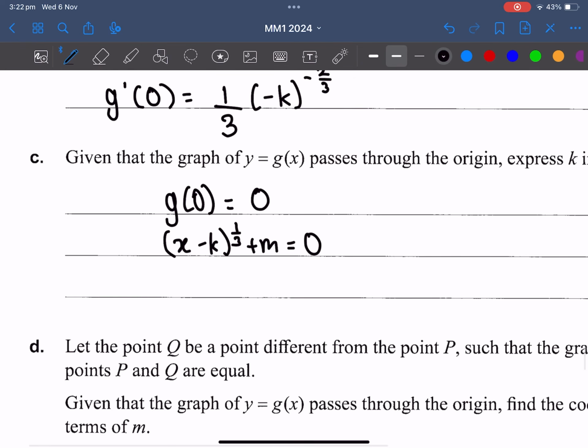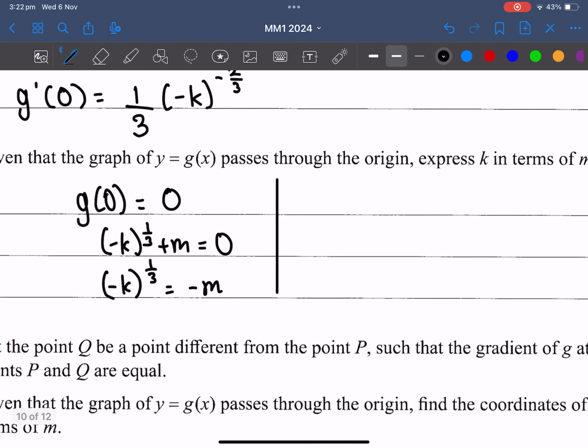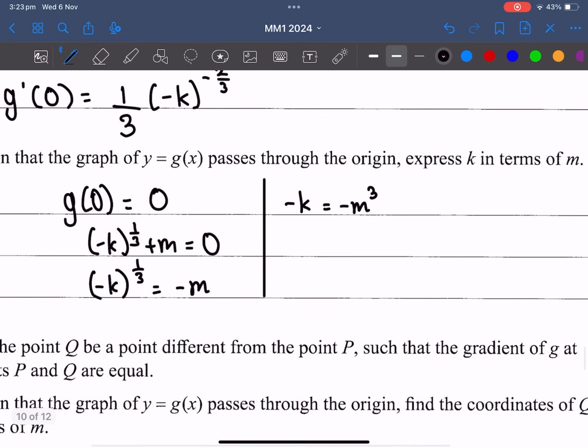Oh, sorry, hold on, my bad. x is also going to be 0. So then we'll have minus k to the power of 1/3 equals minus m. Now I'm going to cube both sides. So minus k is equal to minus m cubed. Yes, it should be minus m cubed. So k is equal to m cubed.